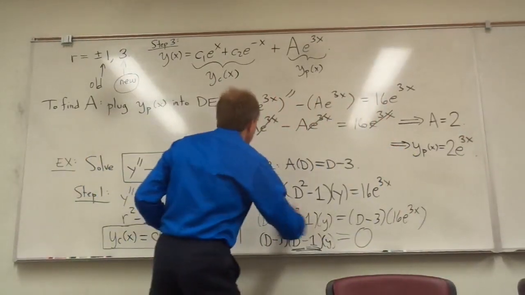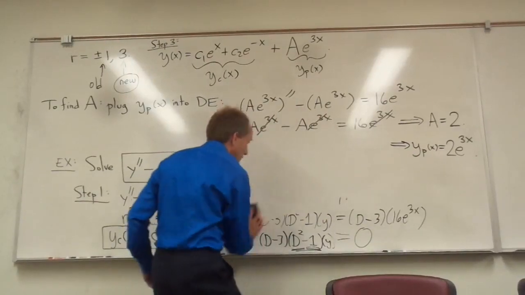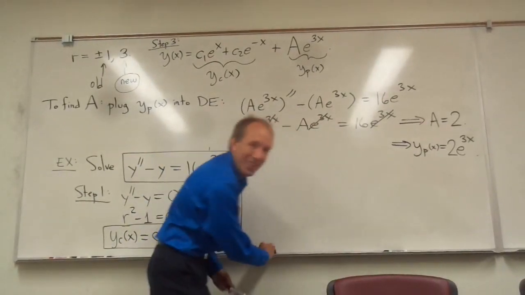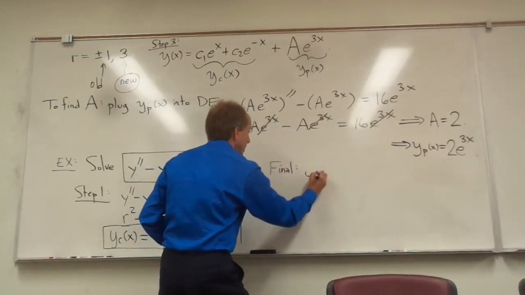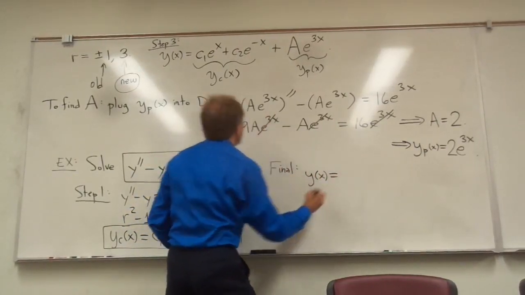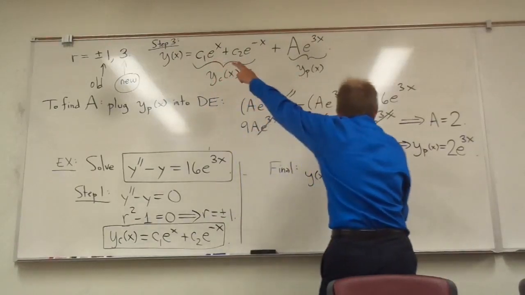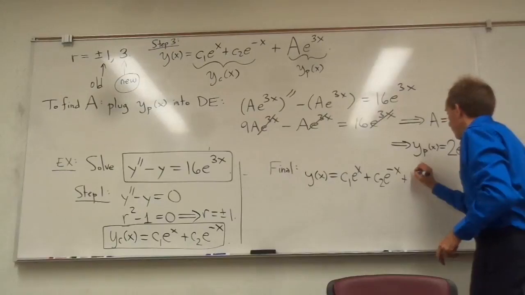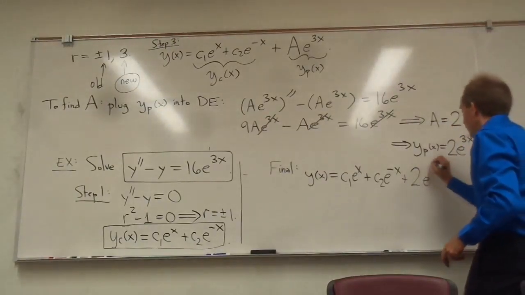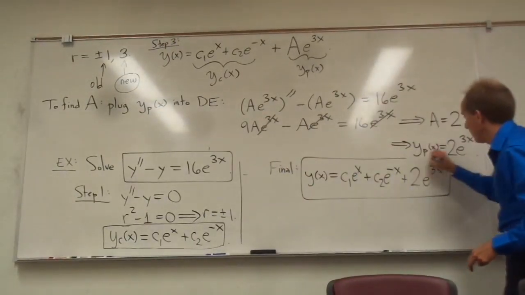So now your final answer, what you would write down and circle as the final answer on this problem, would be y of x equals c1 e to the x plus c2 e to the negative x plus 2 e to the 3x. Here's the final answer.